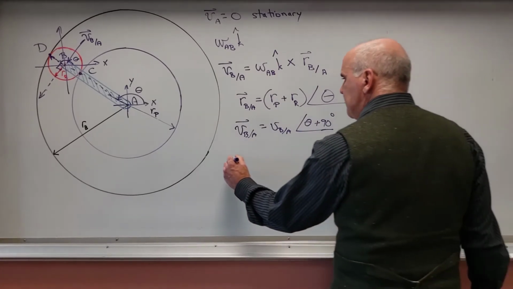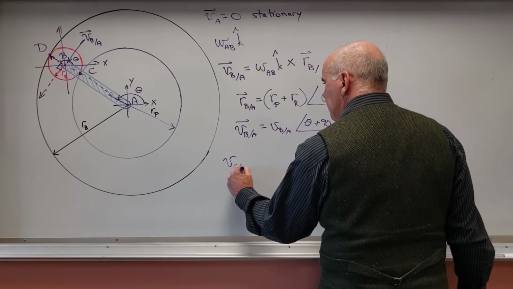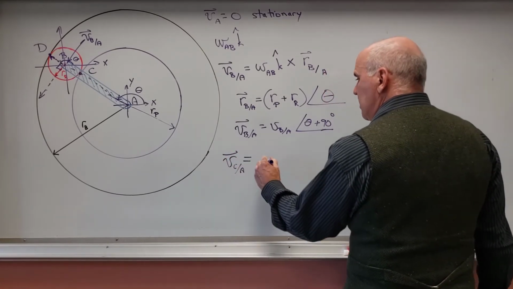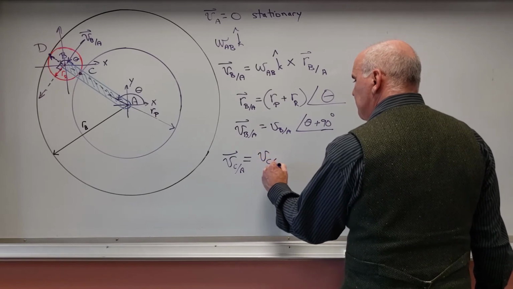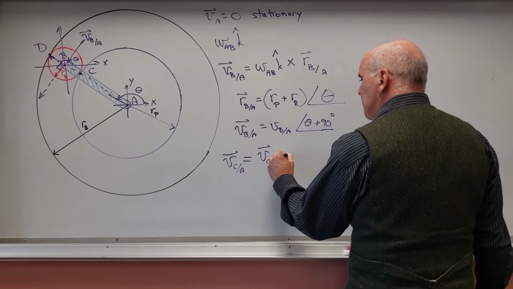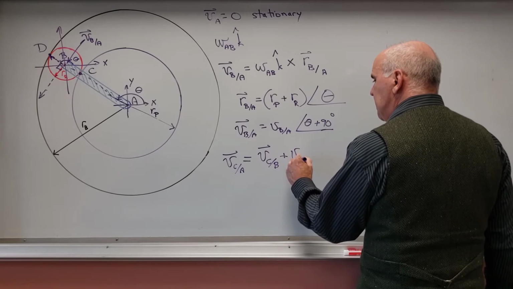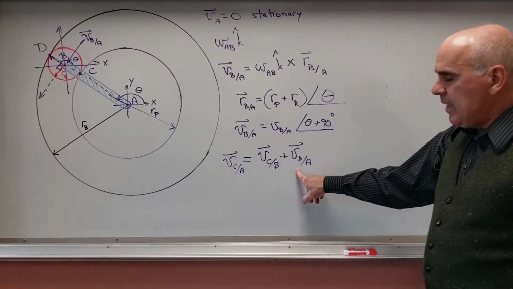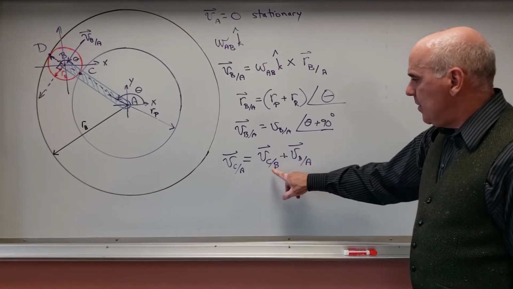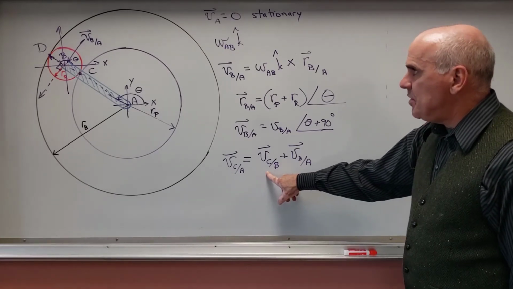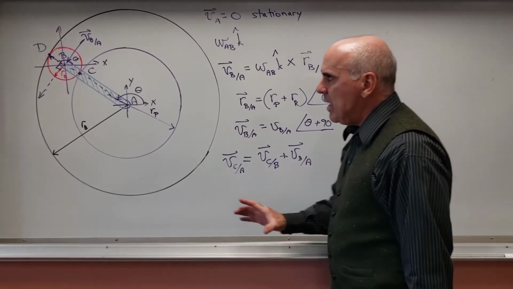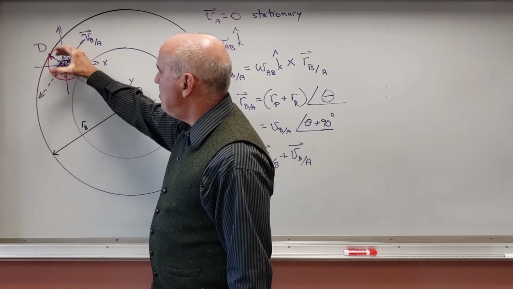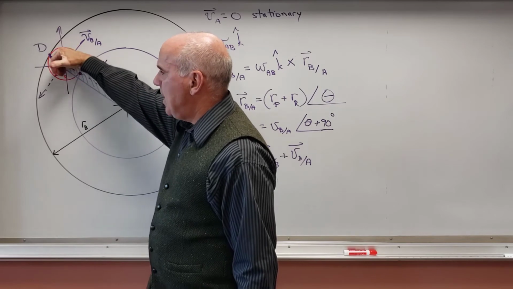So the velocity of C with respect to A is going to equal the velocity of C with respect to B plus the velocity of B with respect to A. That part we've already done. Then there's the velocity of C with respect to B. And if we think about that, as this thing rotates, the red gear is going to rotate like this, right?